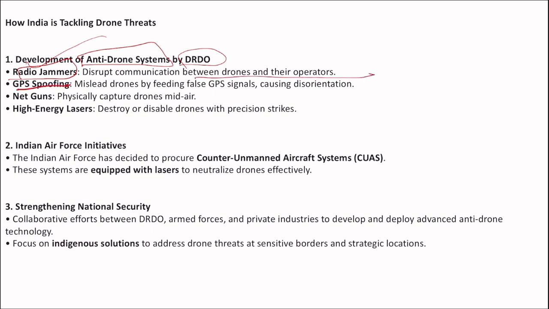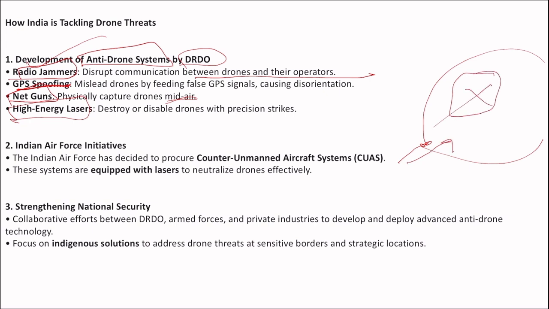And GPS spoofing. Pre-trained drones will have a specific location to reach. If we spoof, meaning we alter the location, then it will go somewhere else. Then net guns: a gun that fires a net so that we catch the drone in mid-air. And high energy lasers: we strike lasers on it so that the internal engines are destroyed.